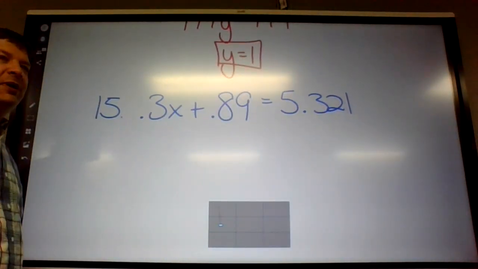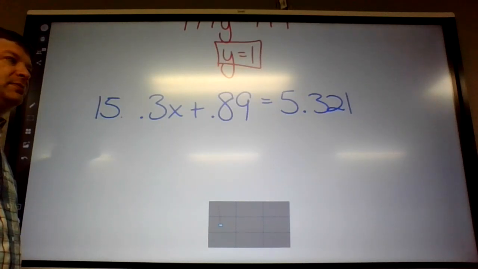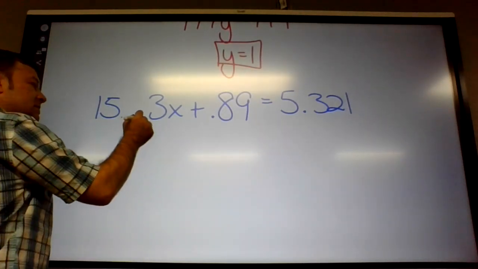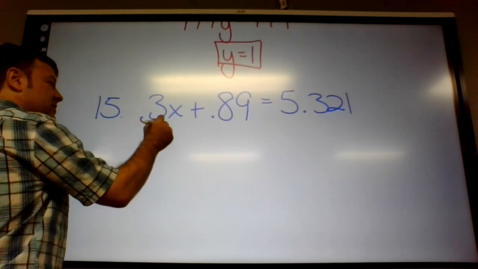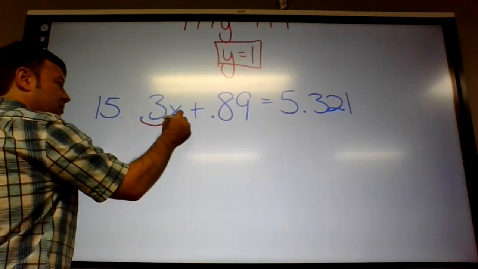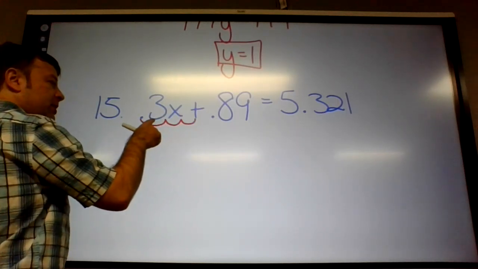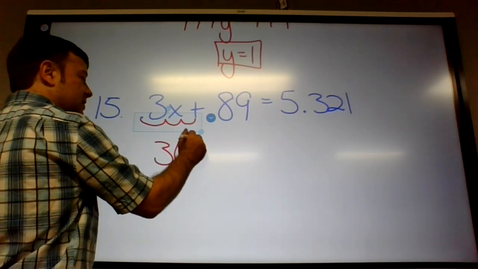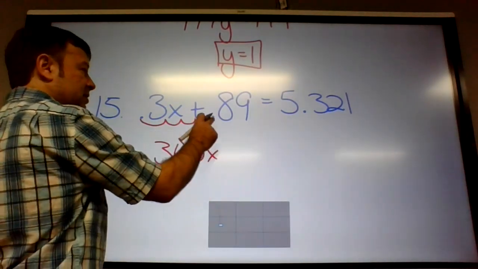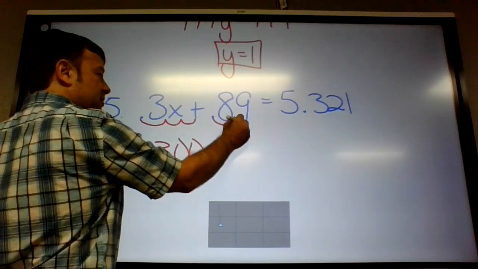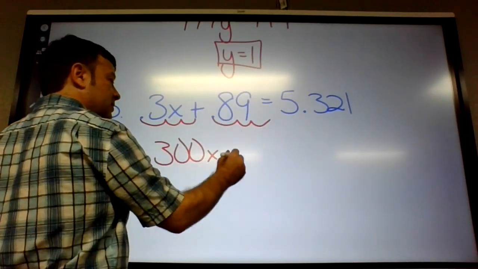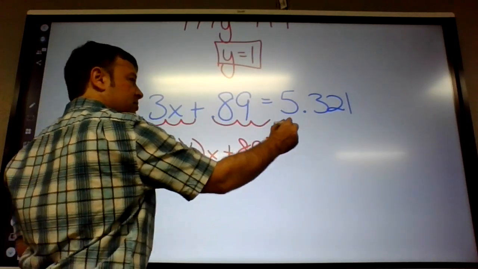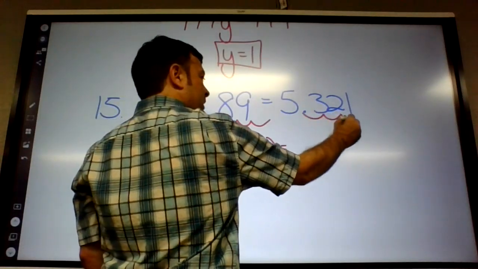What number do you multiply by to move the decimal 3 times? 1,000. Basically once for each 0. So if we move this 3 times, 0.3 becomes 300x. 0.89 becomes 890. And this one goes from 5 to 5,000.